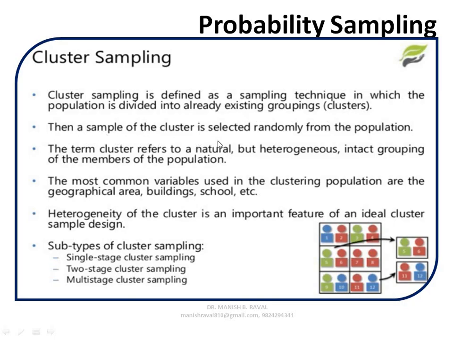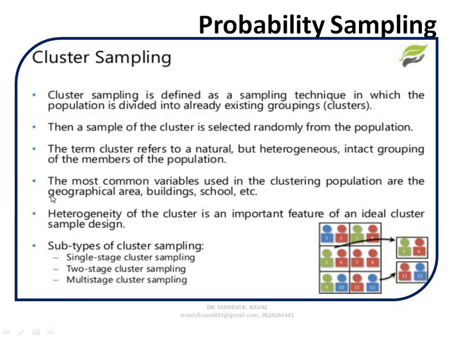Then a sample of clusters is selected randomly from the population. The term cluster refers to natural but heterogeneous intact groupings of the members of the population. The most common variables used in clustering a population are geographical area, buildings or schools.